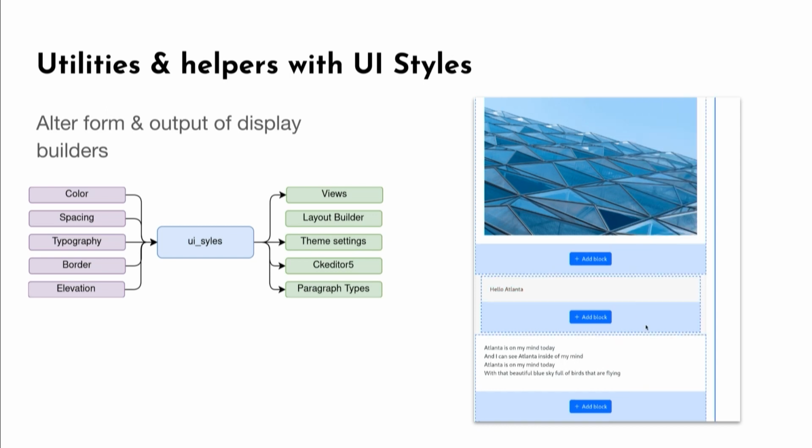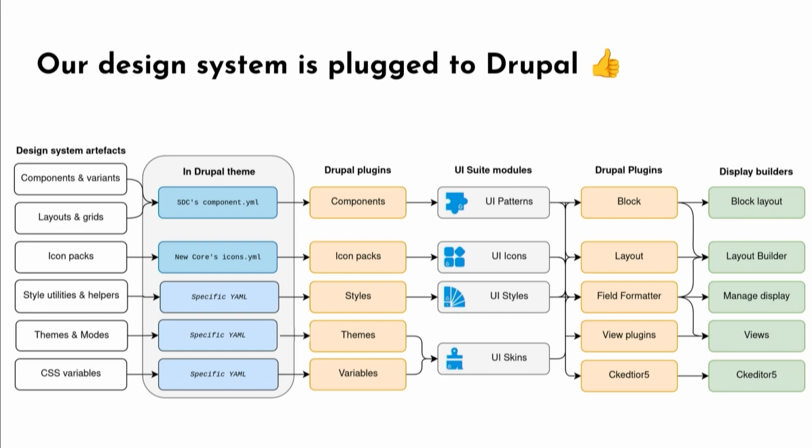My text is red, and it's beautiful. So thanks to UI Suite, we now plug the two parts of Drupal core who don't talk with each other: the plugins we have from the design implementation and the plugins we have for the display builders.